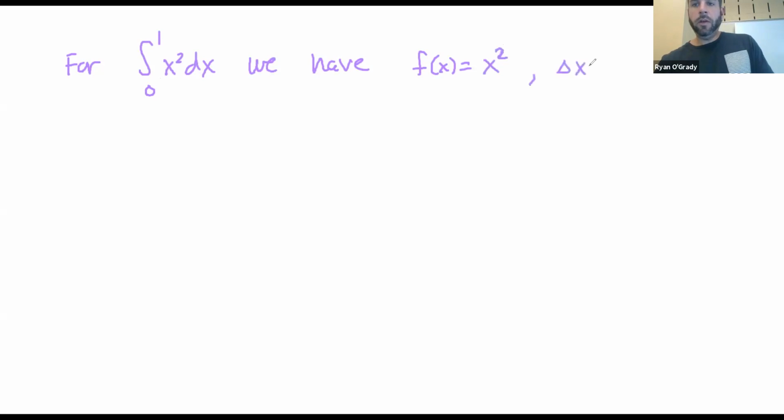We have delta x equals 1 over n. And what is our x sub k then? Our x sub k is going to be a plus k times delta x, which, since a is 0, ends up just being k divided by n.